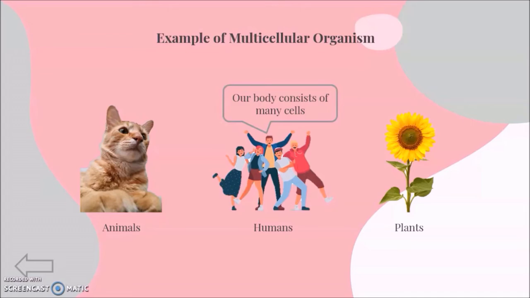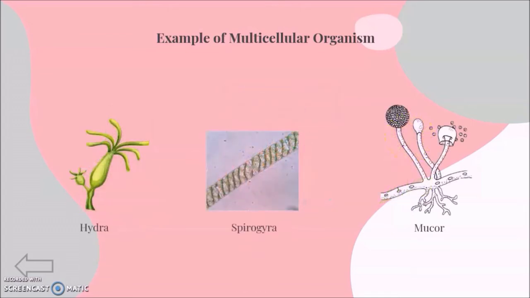Examples of multicellular organisms around us are animals, humans, and plants. But cells are very tiny, so multicellular organisms made up of fewer cells end up being microscopic and cannot be seen by the naked eye, such as Hydra, Spirogyra, and Mucor.